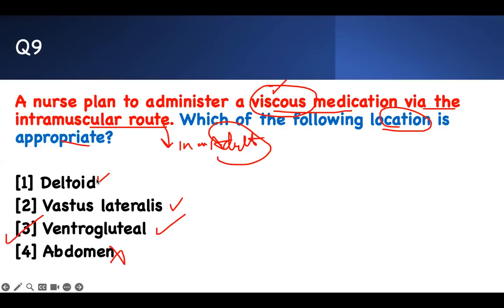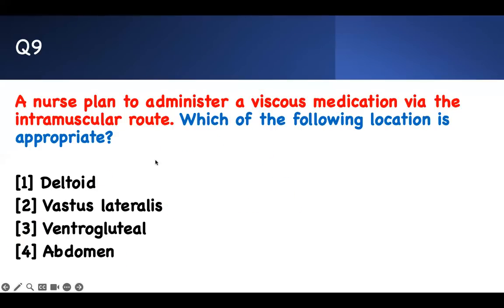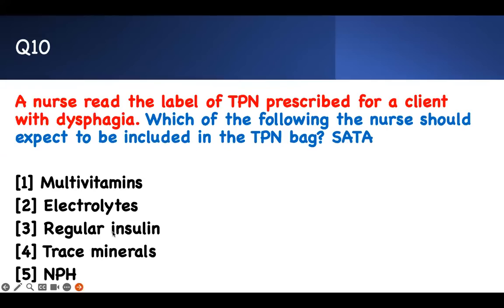Deltoid, you use for just a clear liquid, not a viscous medication. And vastus lateralis is for children. So that's how you can break the question. 1 and 3 are good for adults, but because this medication is viscous, we'll put it in the ventrogluteal area. And 4 is not a route for intramuscular.